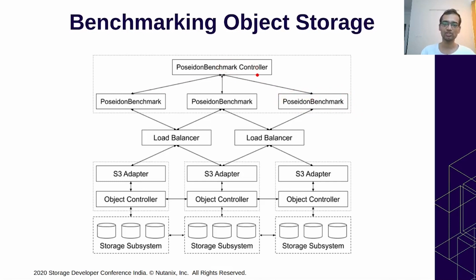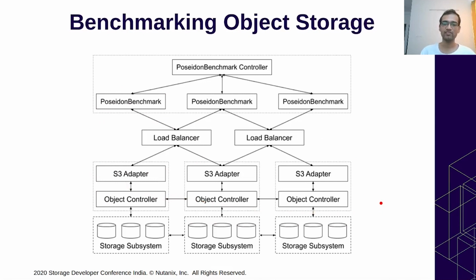The controller also periodically collects the statistics back from different worker instances and then shows them in an aggregated fashion. These workers can be scaled out to as many instances as we need to saturate the underlying storage subsystem, or rather the object storage.